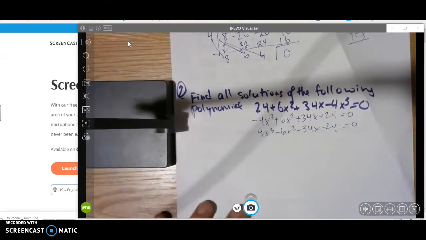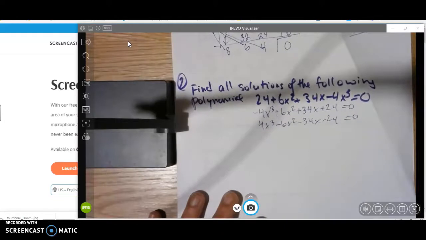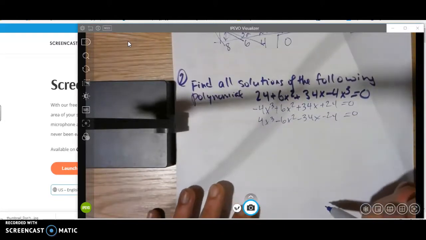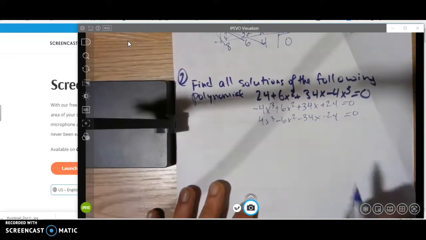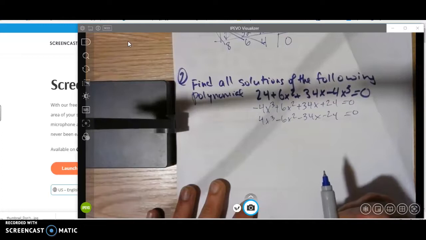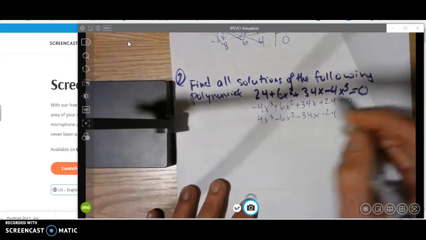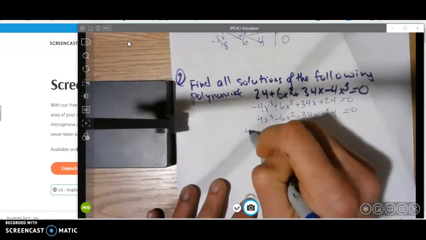Then they ask us for all the solutions. So for this one, we would continue as follows. We have all these numbers to try out. We can try a 4, see if that works. Okay, so let's try a 4 on the outside.